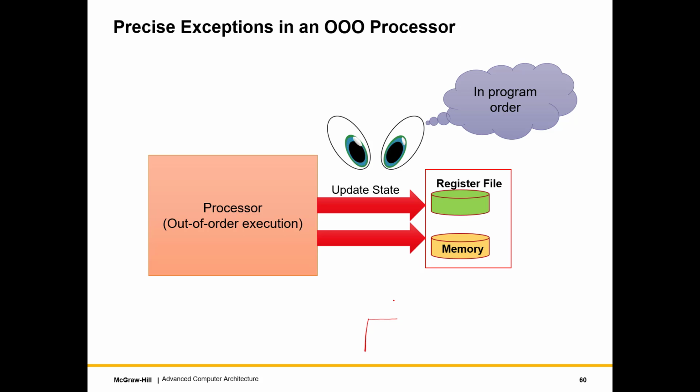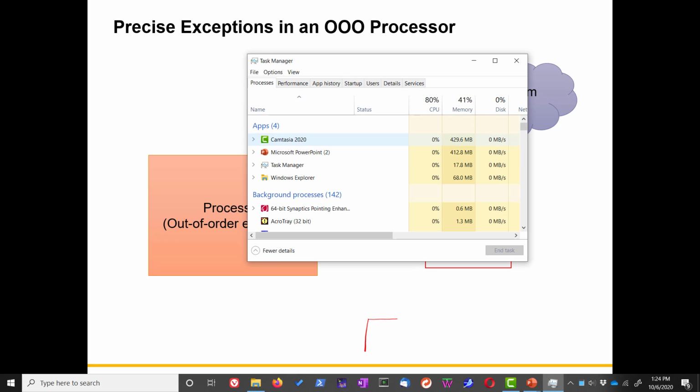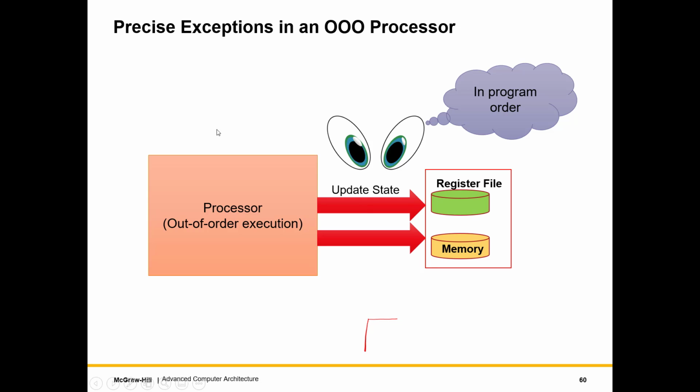So what you can actually see over here in my task manager is that I have a lot of tasks, and you can see your PowerPoint task over here. So if I have a single core, what I'm actually doing is running multiple programs, right? Program 1, program 2, program 3, etc. on the single core.